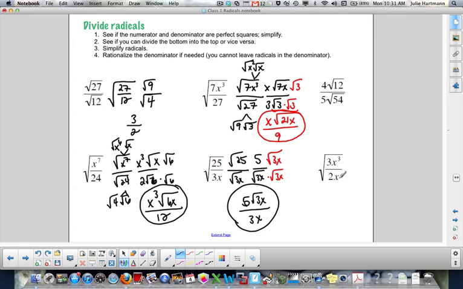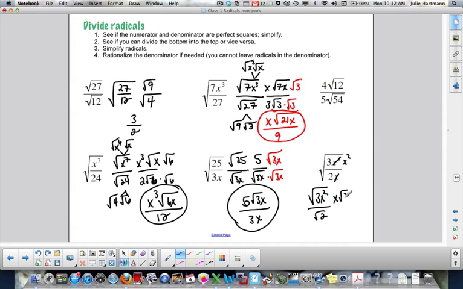Alright, and finally, this one I can simplify first. x goes into x cubed, so when you simplify that, 3 minus 1 is x squared. So I'd leave x squared on top. So we have the square root of 3x squared over the square root of 2. We have to rationalize, and we also know that the square root of x squared is just x.